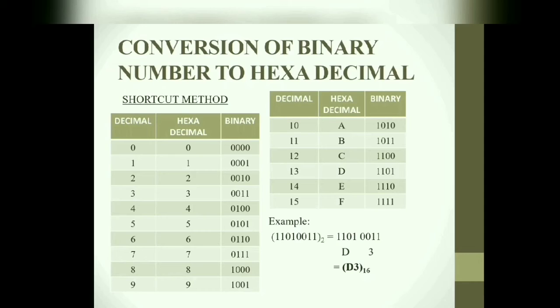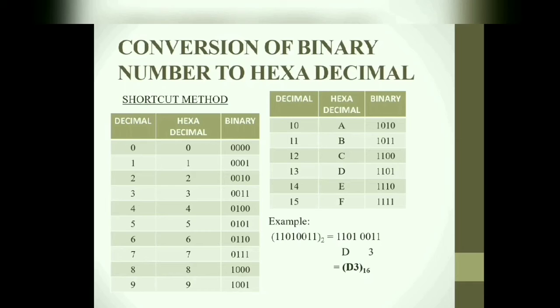Next one, conversion of binary number to hexadecimal. Again the shortcut method. Divide the binary digits into groups of 4. So here the binary number is 11010011. Divide this binary number into groups of 4.